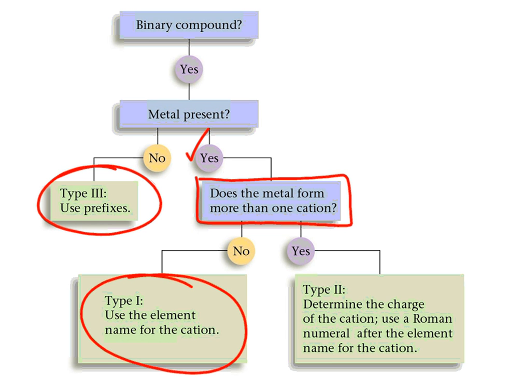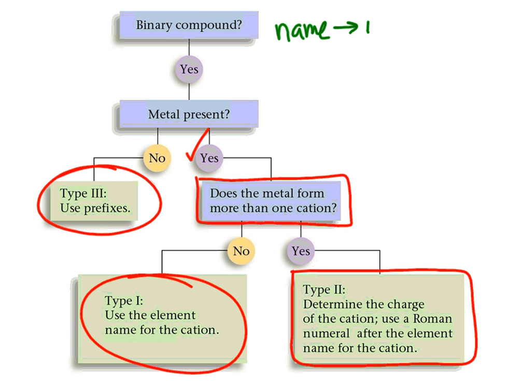Okay, but if it has more than one cation, then you have to look at the Roman numeral to determine what the charge of that cation is going to be.